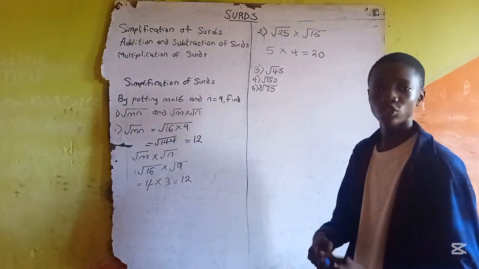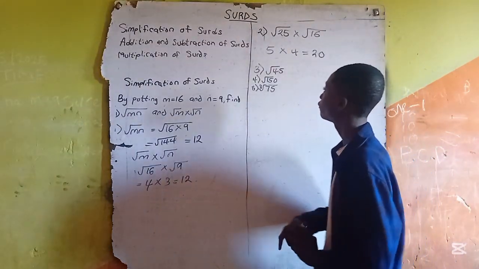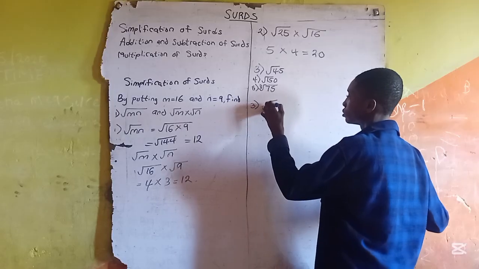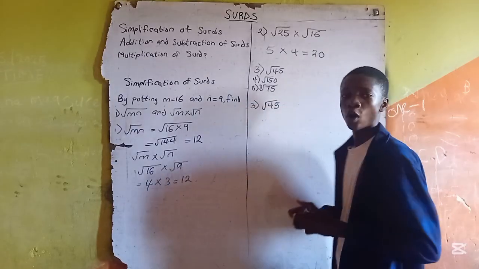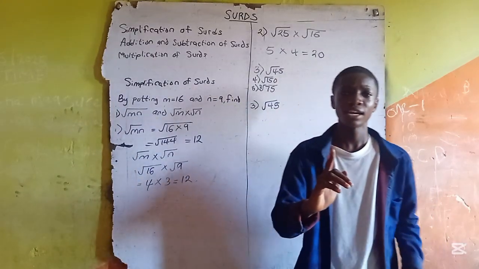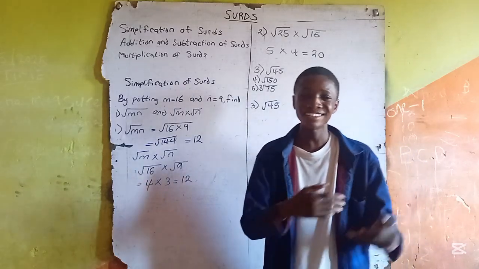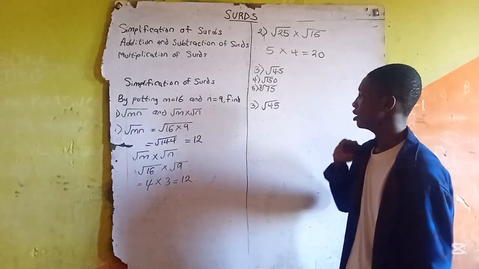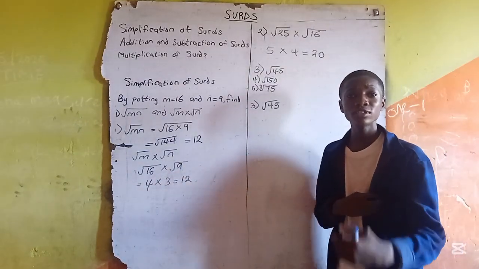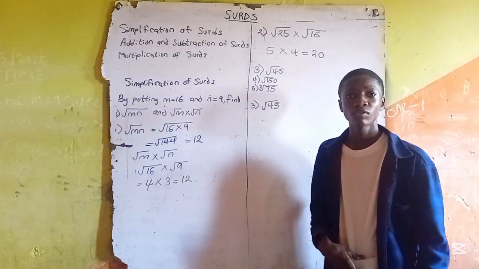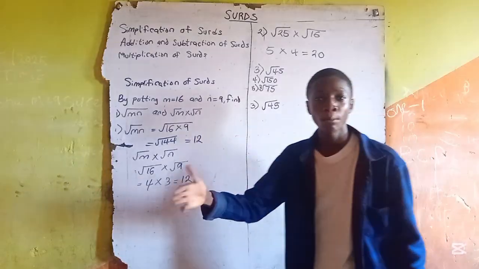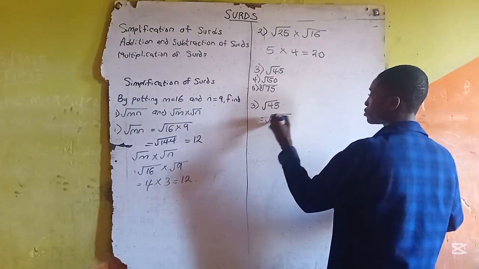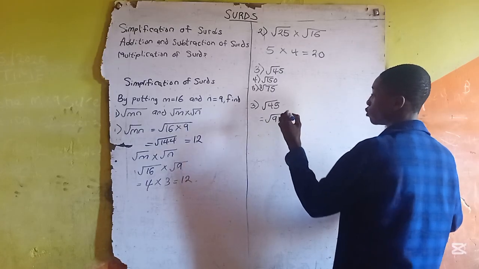So now let's solve it. For us to solve this kind of question, we are going to look for one number that we can square root and another number that we cannot square root. If we look at this very well, we will see that we can use 9 times 5, whereby we can square root 9, but we cannot square root 5. Root 9 times 5 will give us 45.